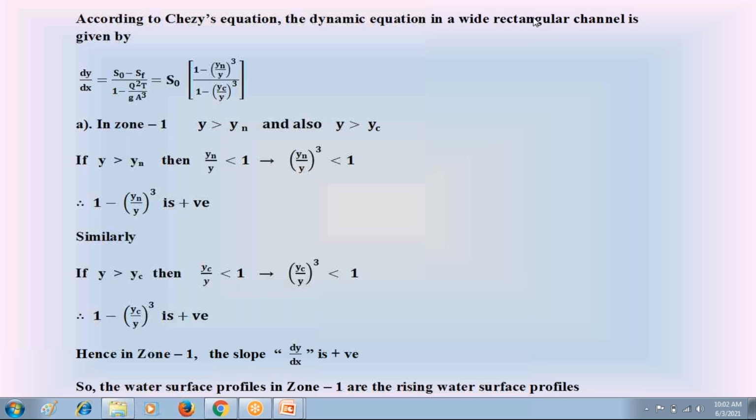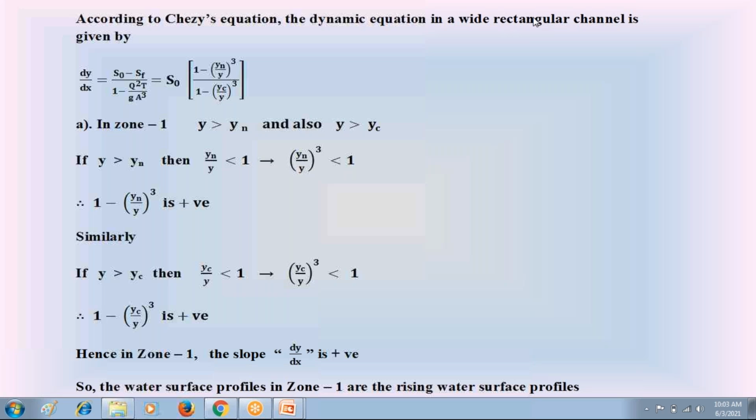If y is greater than yn, yn by y is less than 1, so yn by y whole cube is also less than 1. So 1 minus yn by y whole cube is positive. In zone 1, y is greater than yc, so yc by y is less than 1, so yc by y whole cube is less than 1. So 1 minus yc by y whole cube is positive. So in zone 1, the slope dy by dx is positive.